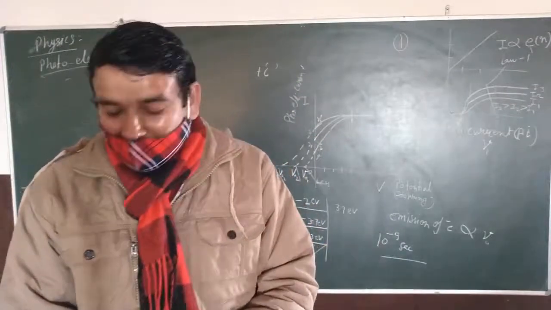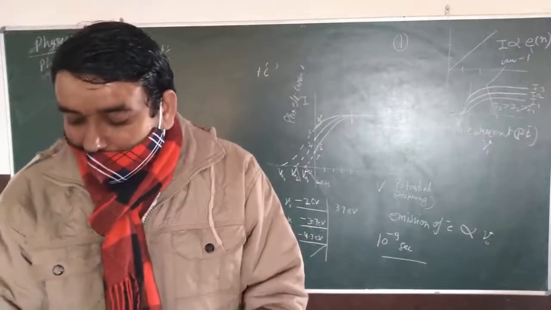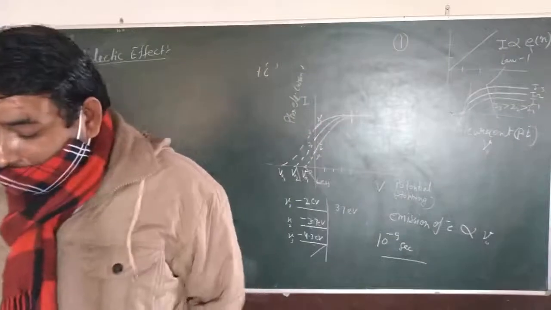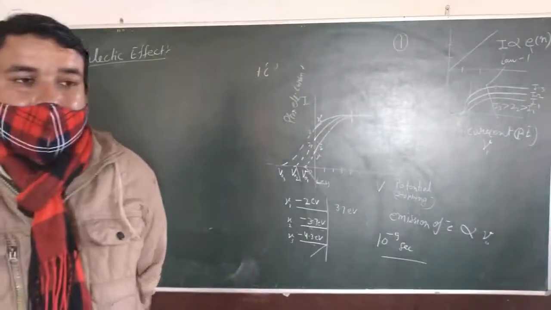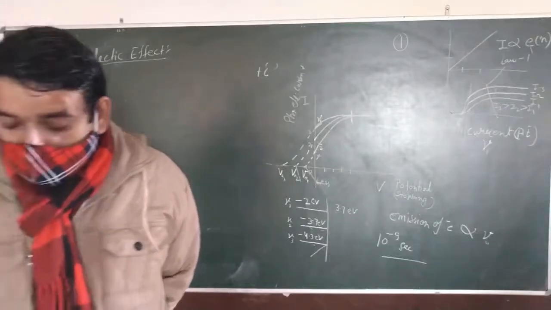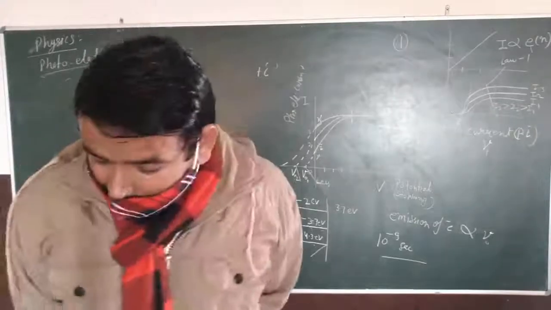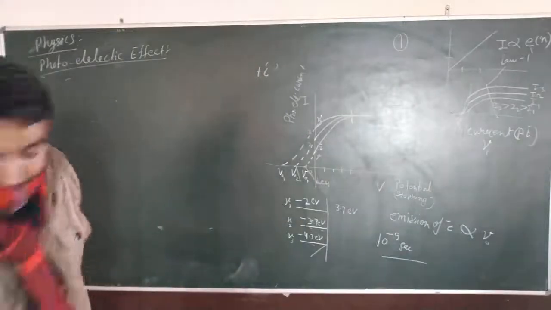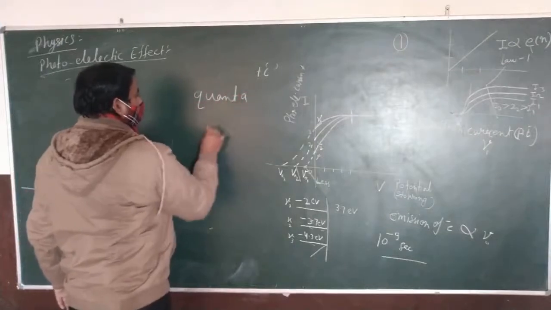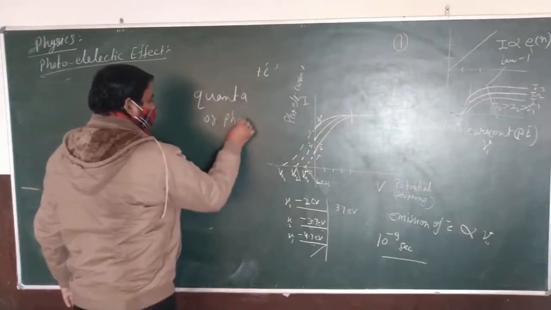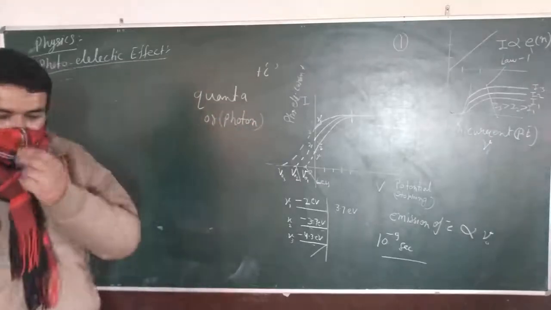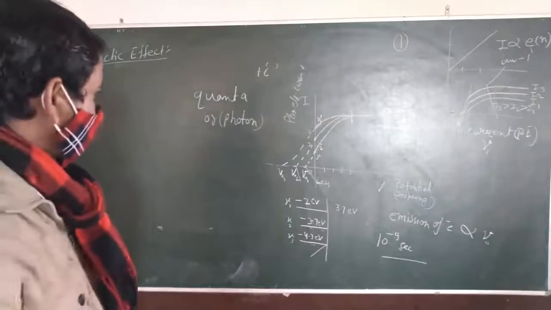According to the Planck theory, the light radiation consists of tiny packets of energy called quanta or photons, as we discussed in the previous class.